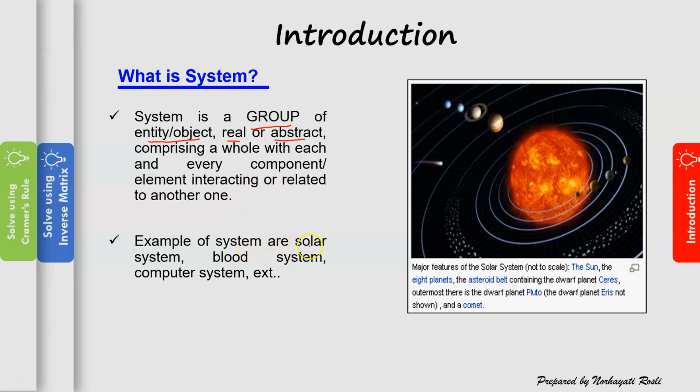Examples of the system are solar system, blood system, and computer system, and also there are many systems in this world. For this picture, I show you one of the examples of the system, which is solar system. You can see here it is a group of entity, which is planet, and in this solar system, every planet here interacts or is related to one another.